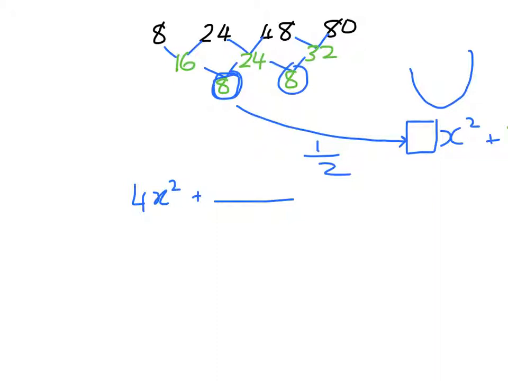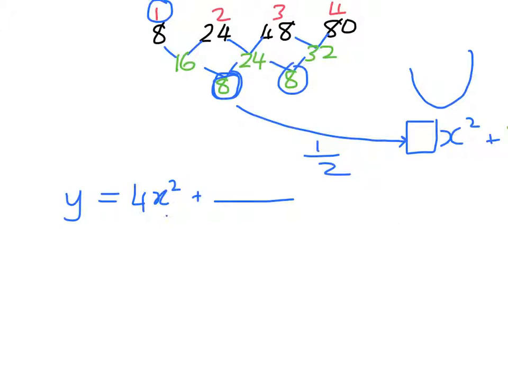So let's look. I'll just number these: 1, 2, my second term, my fourth term. We have to work out what's the rest of the equation. We usually say y equals 4x squared. If I'm looking at my first term, when x is 1 and I put it in my formula, 1 squared is 1, times 4 is 4.